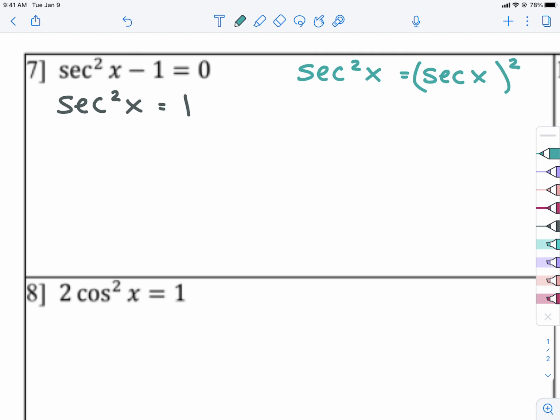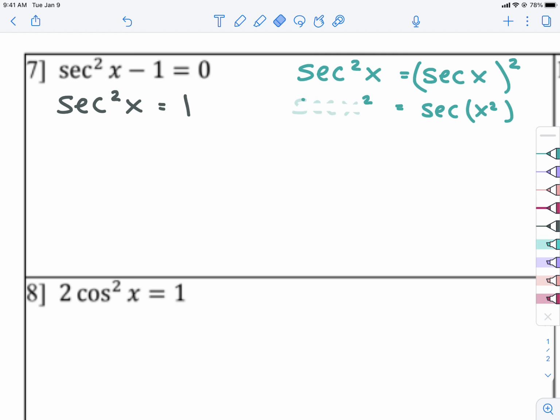So if it was written like this, that's the same thing as saying secant of x squared. So when it's the secant that's happening twice, the squared comes before the x like that. And they just do that so that we don't always have to write the parentheses. It makes it a little bit more simplified.